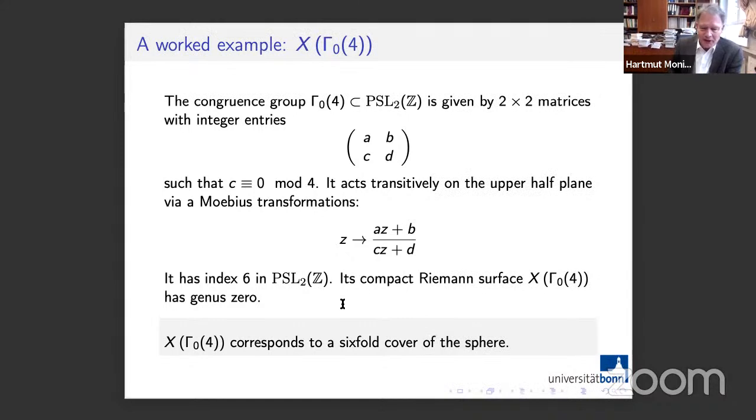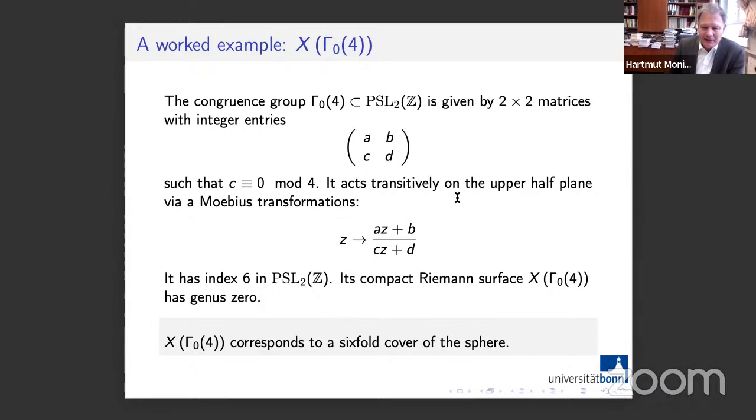So let me give you a worked example, which I didn't do last time, where one actually does the calculation for a relatively simple case, which is the congruence subgroup Gamma_0(4) of PSL(2,Z), given by matrices with integer entries A, B, C, D, such that C is 0 mod 4.